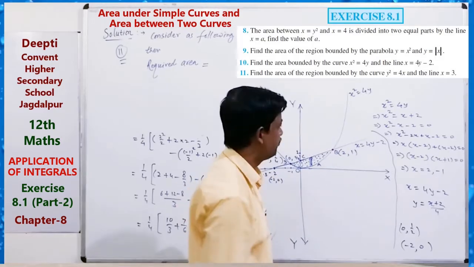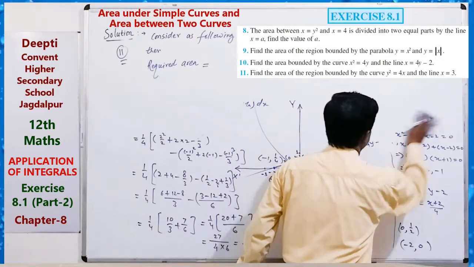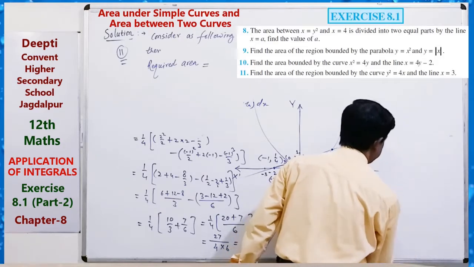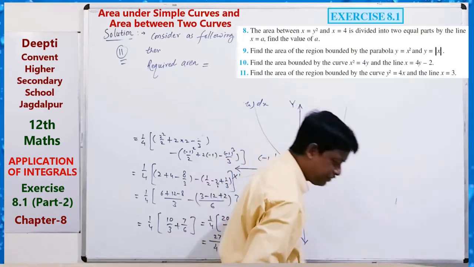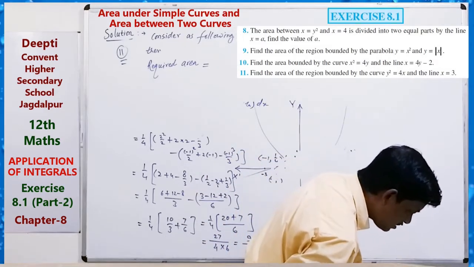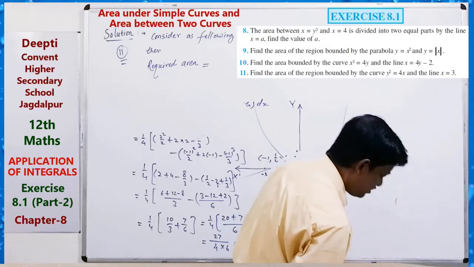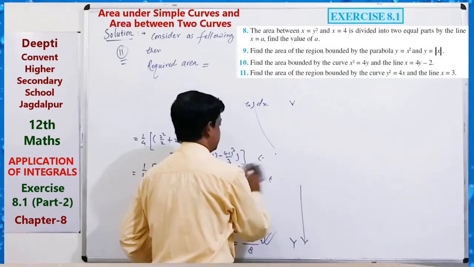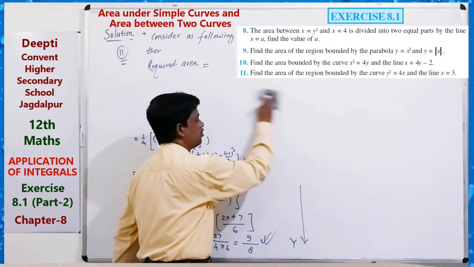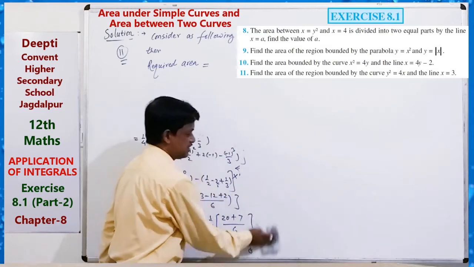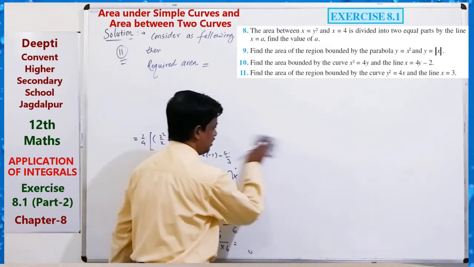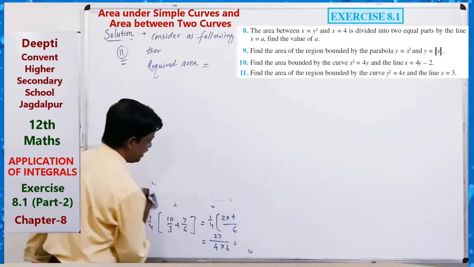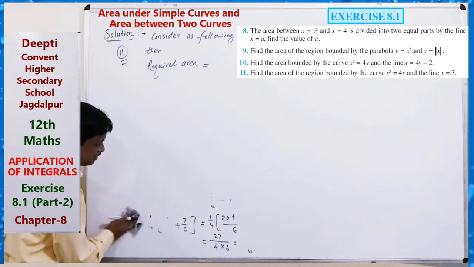Very simple, you can do it. y square equals to 4x means a right-handed parabola, and x equals to 3 is a line. We have to find the area between them.